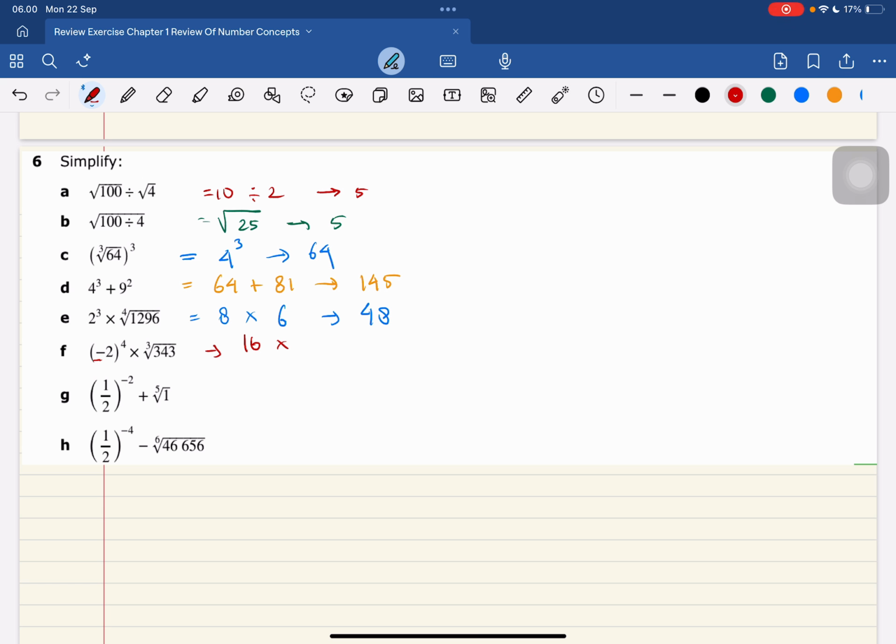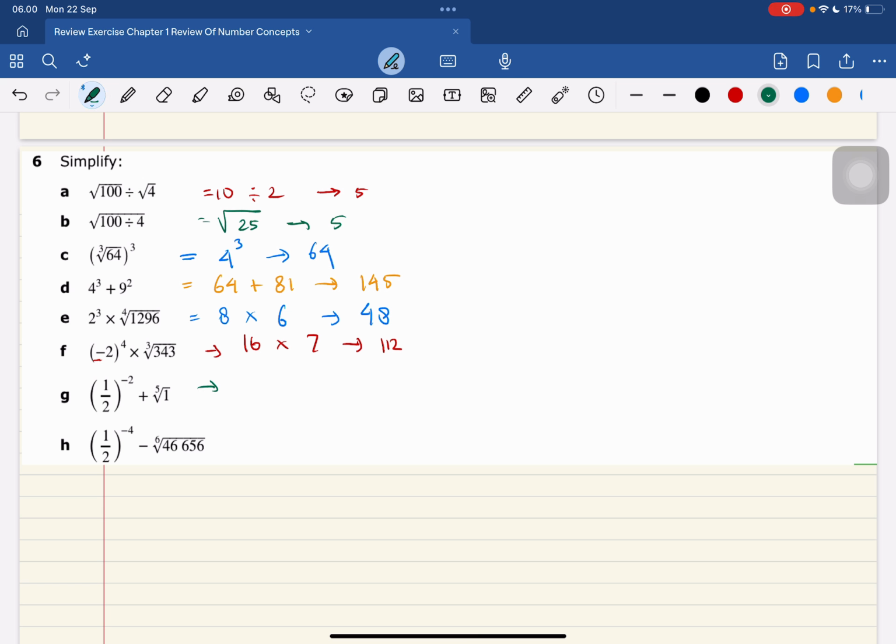What number, if we multiply it 3 times by itself, is going to be 343? Okay, so this is 7, because 7 times 7 times 7 is going to be 343. So 16 multiplied by 7 is going to be 112.